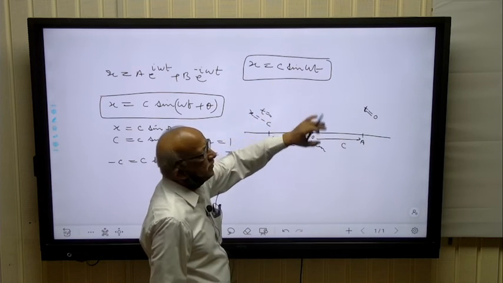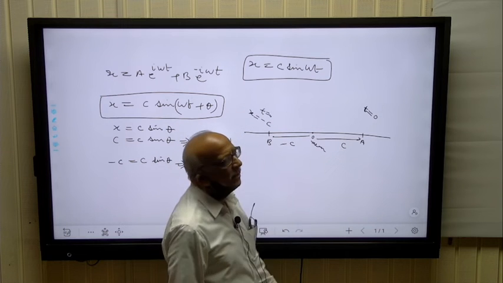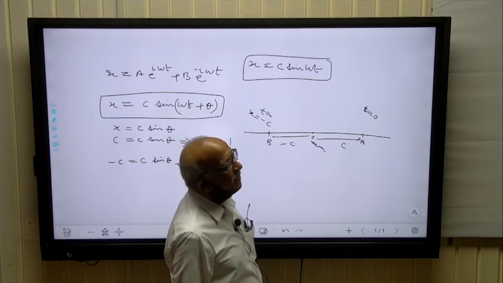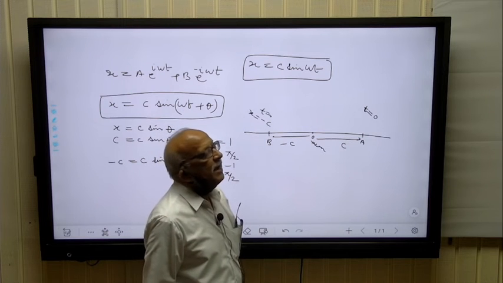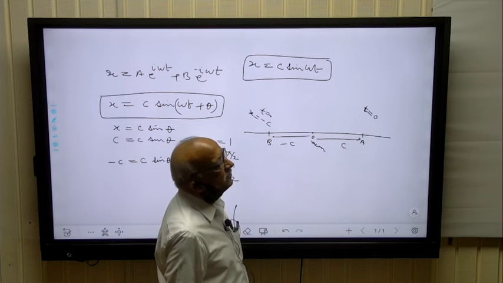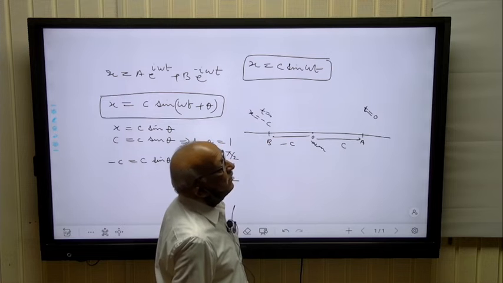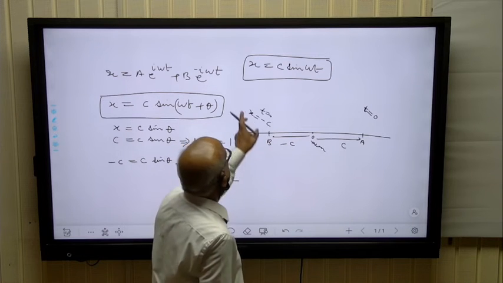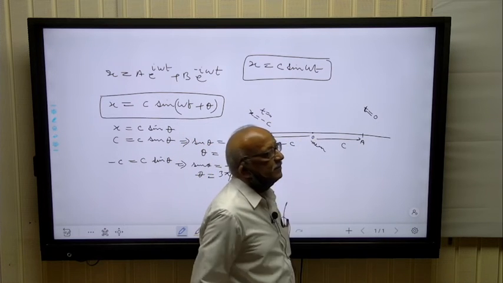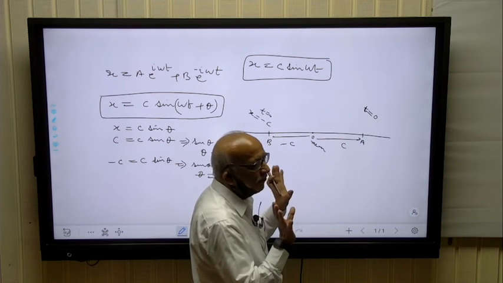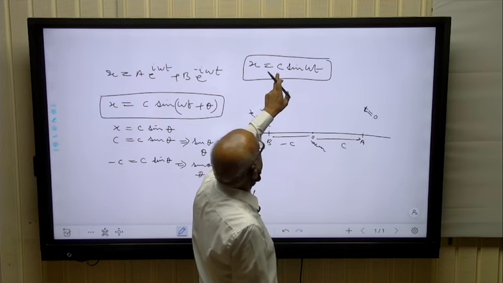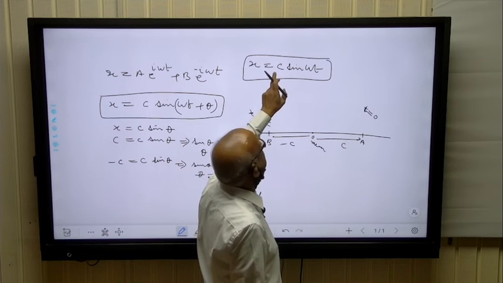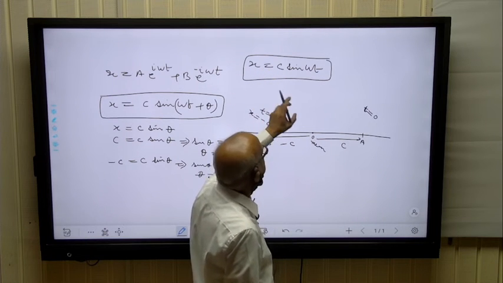This expression tells that when a particle is performing simple harmonic motion, then at time t its displacement from the mean position will be given by this expression. So, you have to remember always C is amplitude, meaning the maximum value of displacement.